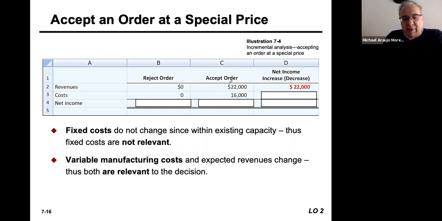Times 2,000, that's your 16,000. So that means that 16,000 in costs would also take away from profits.